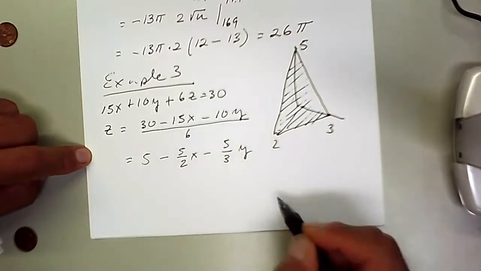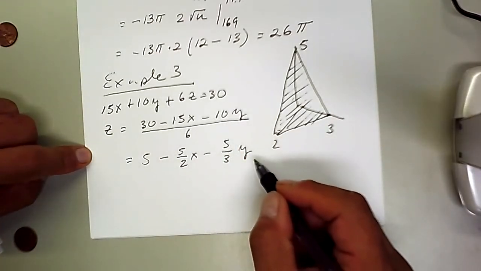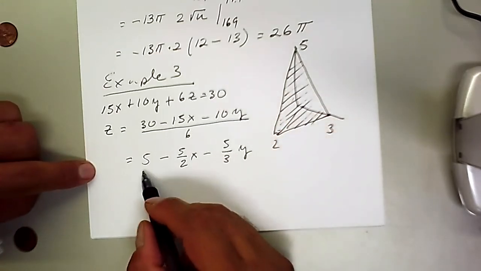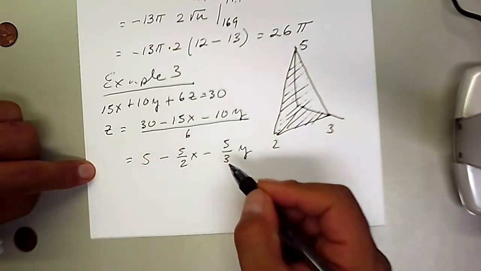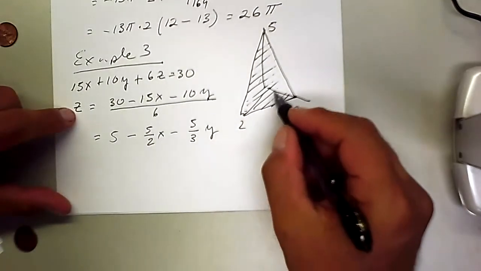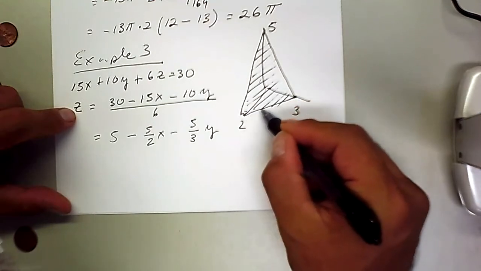When we simplify, that's what we get. So that is our function. That is f. So this is z. You've got to find z sub x, z sub y, and put it into the formula. The only thing left to do is, okay, we're integrating over what region?